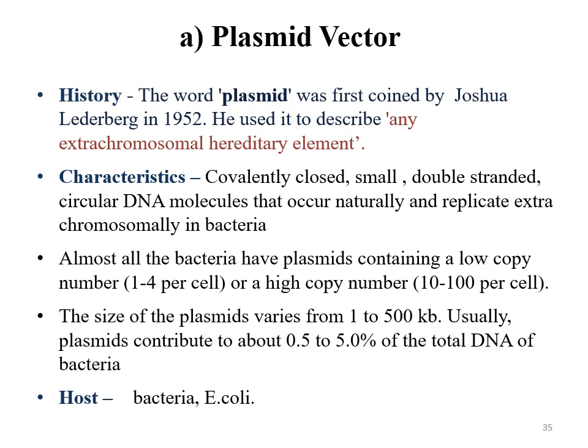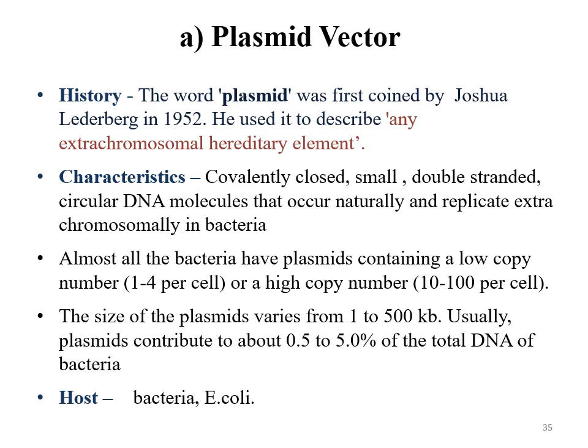For example, some bacteria have a low copy number of plasmids, containing 1 to 4 copies in one cell, or they may have a high copy number, for example 10 to 100 plasmids per cell. So they are named high copy number.